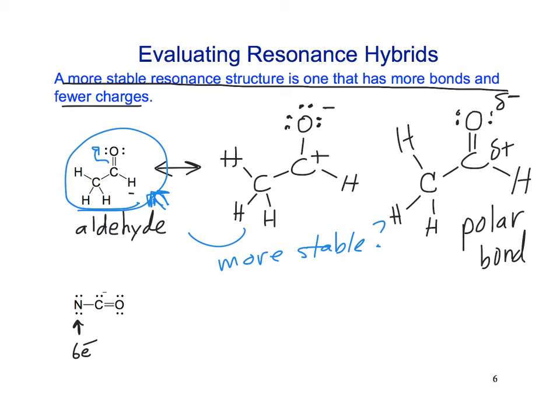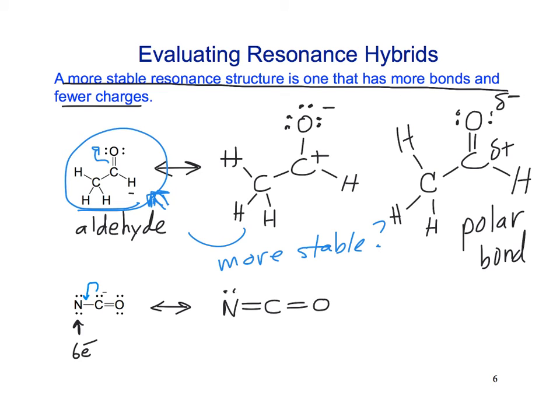So one way that we could do that is to take this non-bonding pair on the carbon and push it down to share it with the nitrogen. If we do that, there will now be a double bond between the nitrogen and carbon, while we still have the double bond between the carbon and the oxygen.